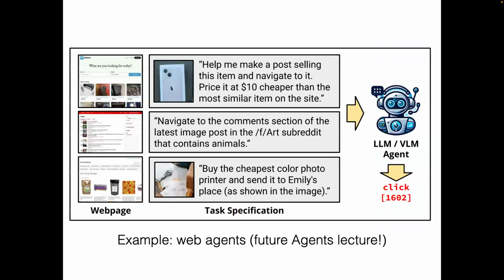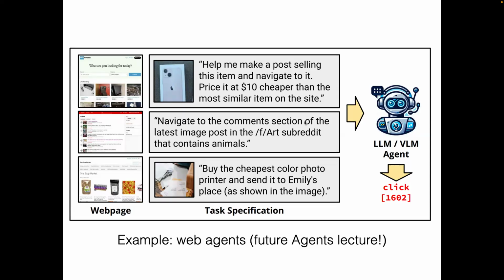Another example that we'll get to in a few lectures from now is these agents. A popular class of agents are called web agents. So here you have a model which is taking in, say, visual images of a web page, and then you give it some instructions, and even the instructions might involve an image, like help me make a post selling this item and navigate to it, price it at $10 cheaper than the most similar item on the site.